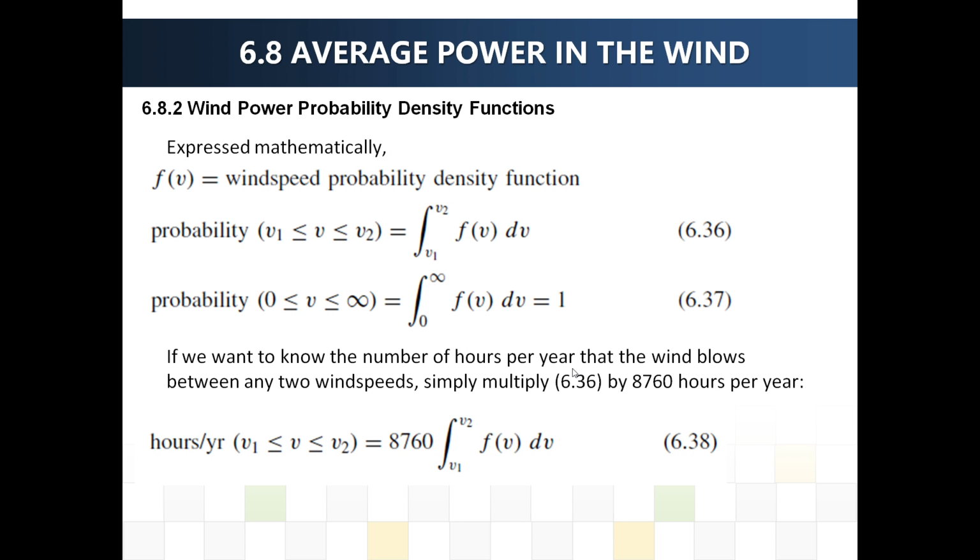That represents the total area of the probability density function curve. If we want to know the number of hours per year that the wind blows between any two wind speeds, simply multiply by 8,760 hours per year. So the hours when V is between V1 and V2 is equal to 8,760 multiplied by the integral from V1 to V2 of f(V) dV.